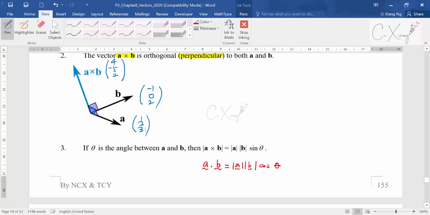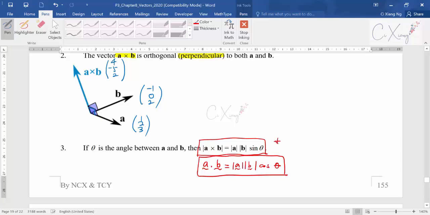This is the formula that we used before to find the angle between two vectors. Since we already learned the cross product now, you can try another formula that involves the cross product to find theta as well. It will be the modulus, that means the magnitude, of A cross B equals modulus A modulus B sine theta.